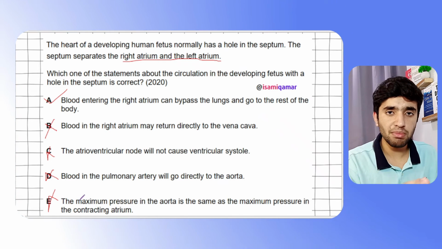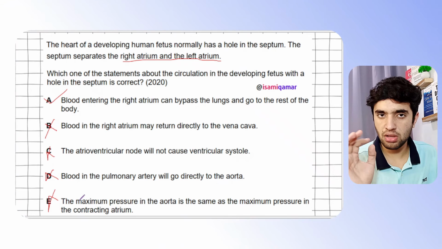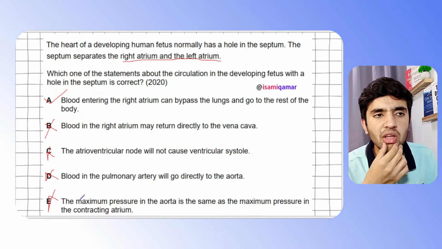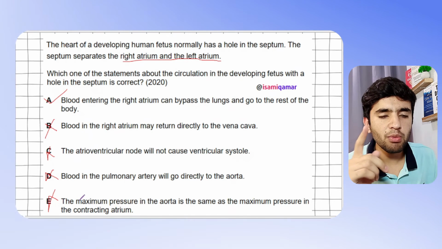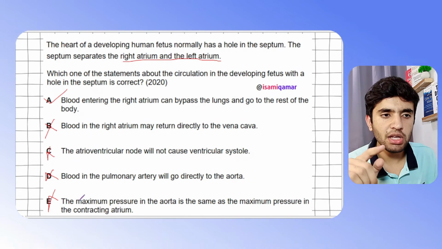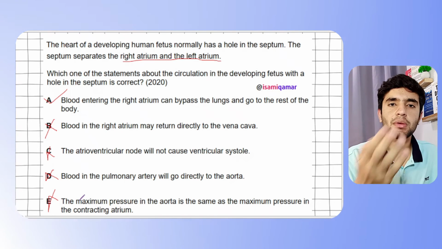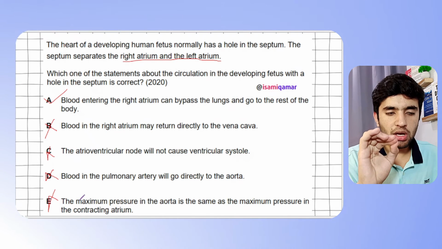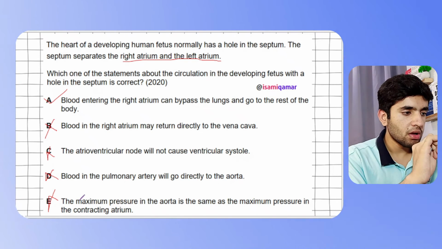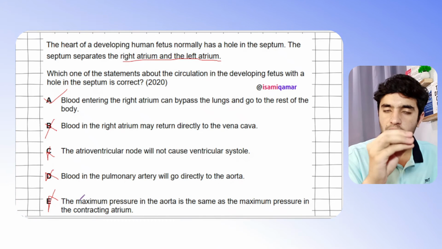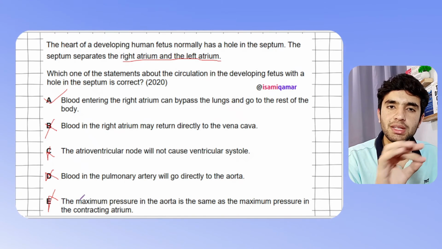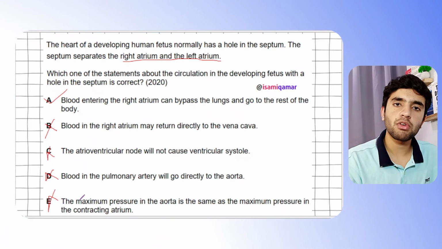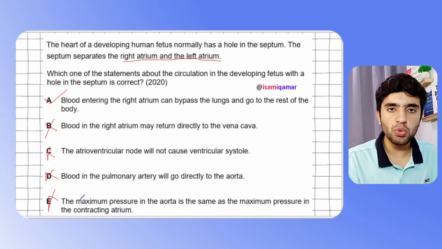In the aorta the resting pressure is 80 mmHg. One atmosphere is equal to 760 mmHg. So there is a huge difference. At rest, the aorta has 80, and during systole, when blood is coming from the left ventricle to the aorta, there will be 120.